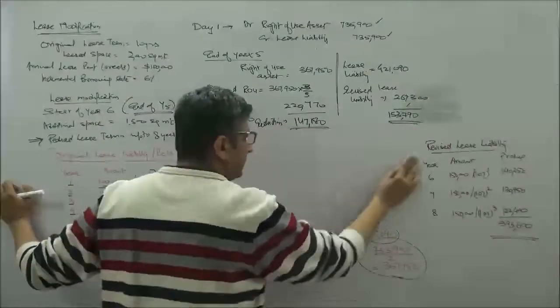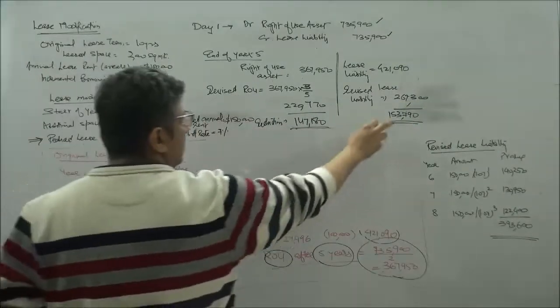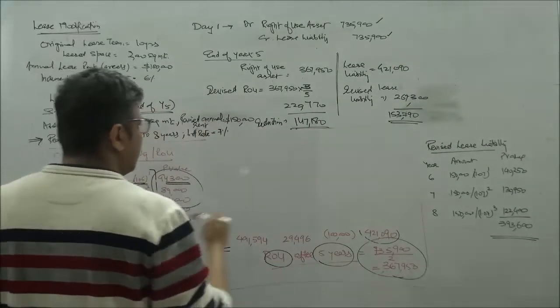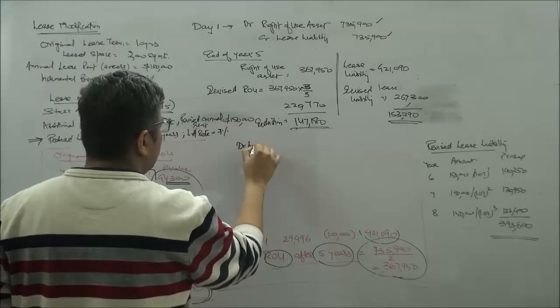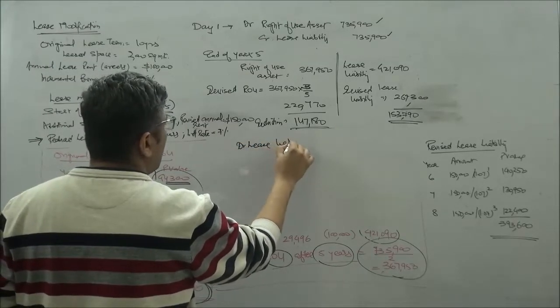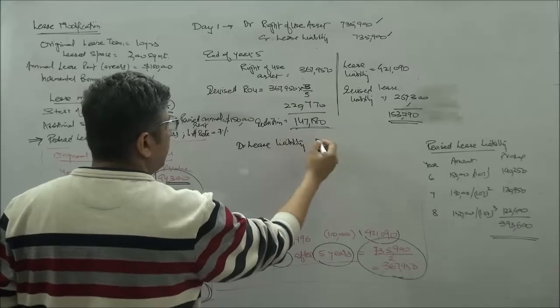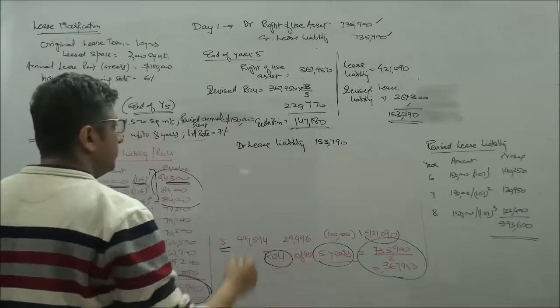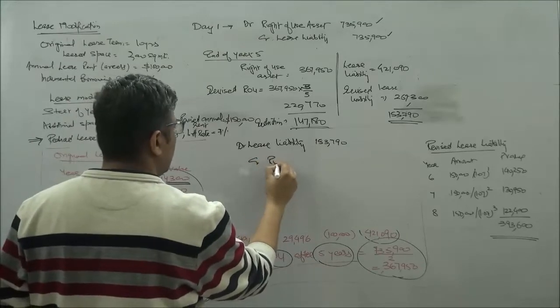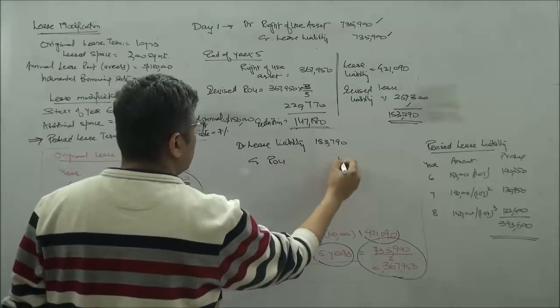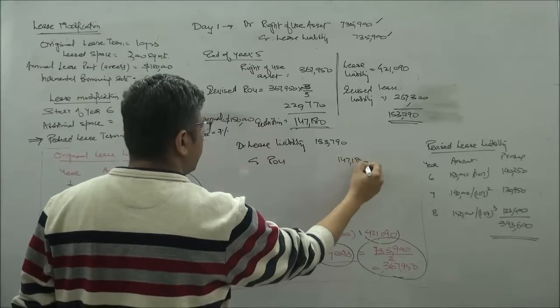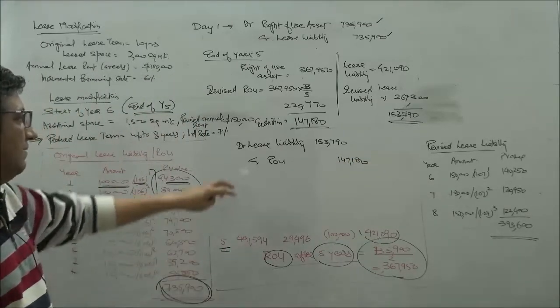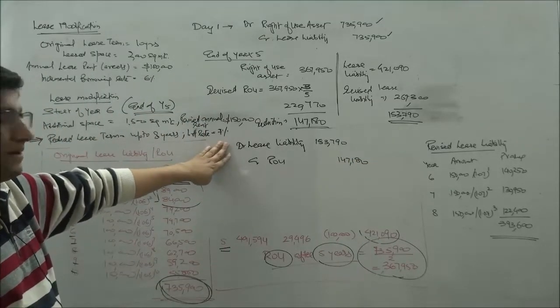So what I was saying is, this reduction in lease liability of 153,790, it means debit lease liability 153,790, credit ROU 147,180. Put simply, my reduction in asset is less than my reduction in liability.